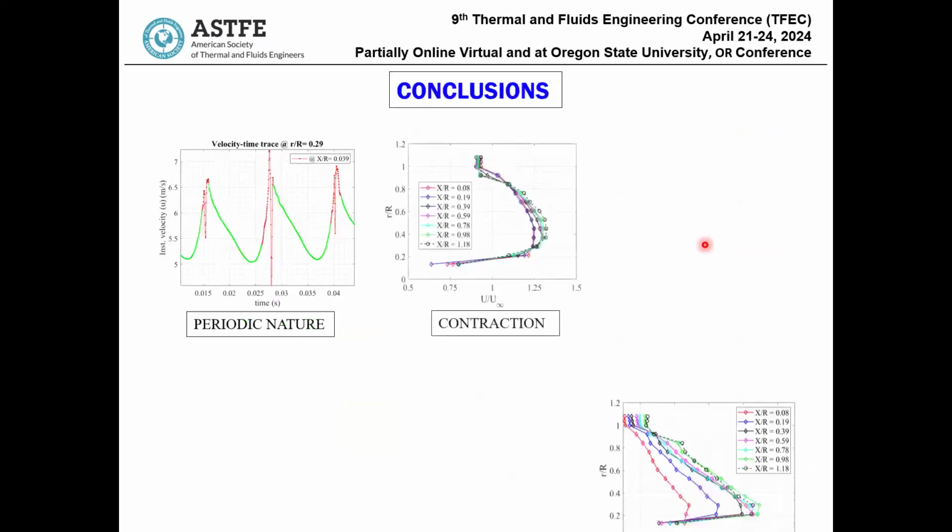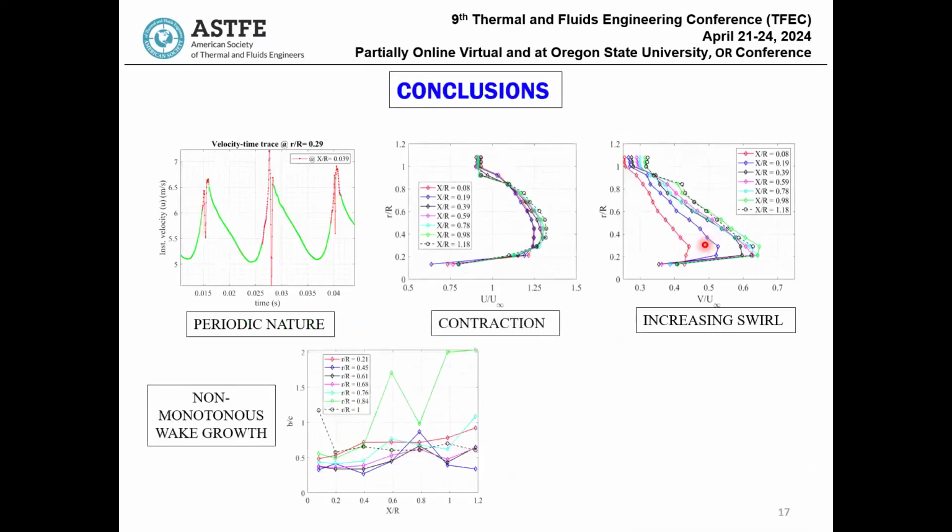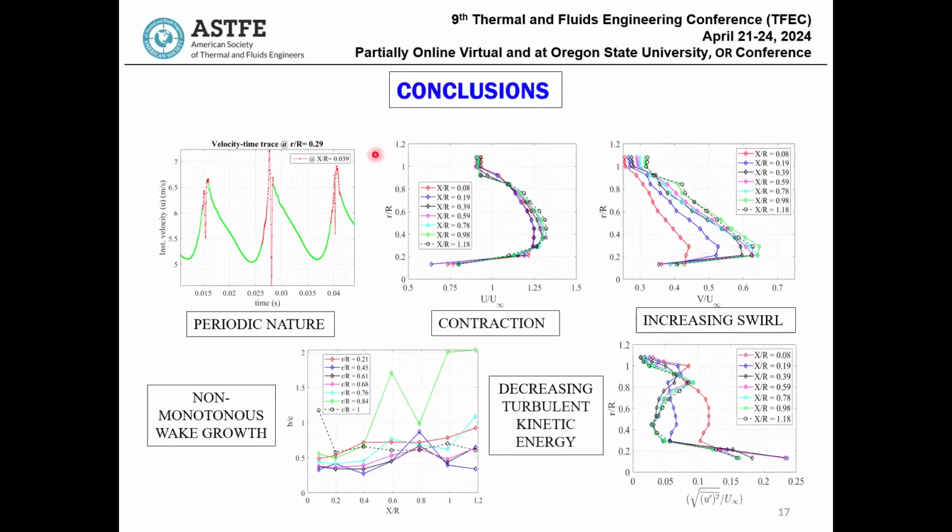So from this study, we concluded that the slipstream is periodic in nature. It is contracting, and the swirl is increasing up to a certain distance to conserve angular momentum. We also observed that the velocity is lower outside the slipstream to maintain continuity.